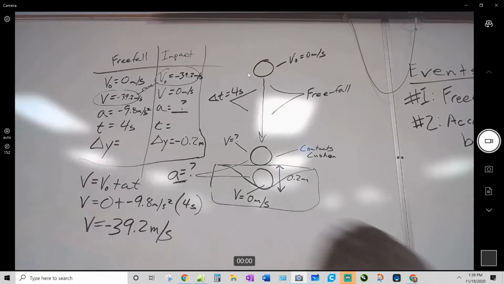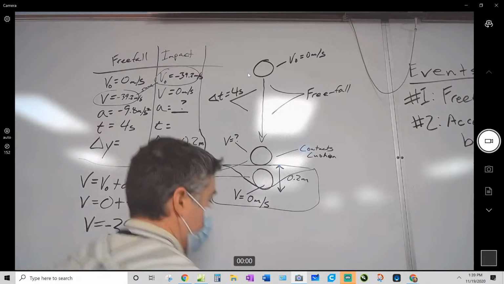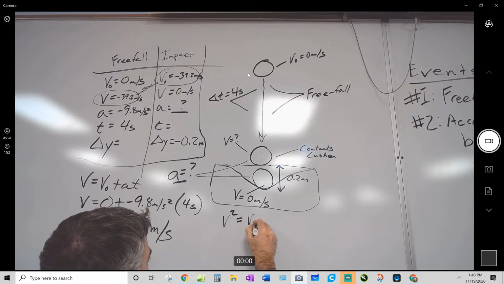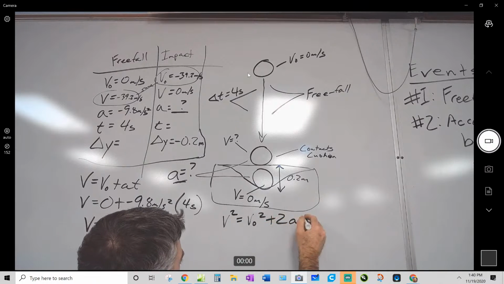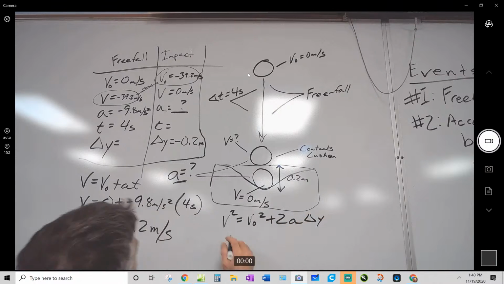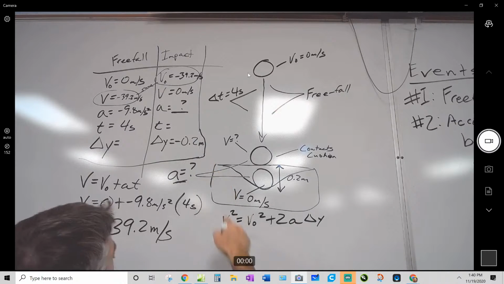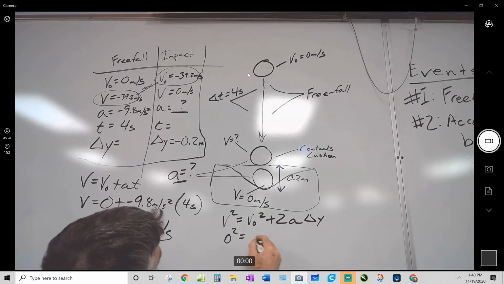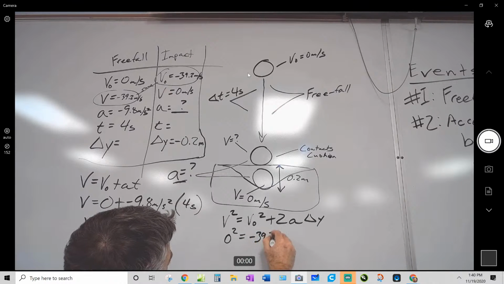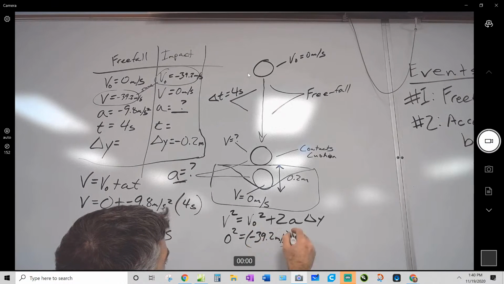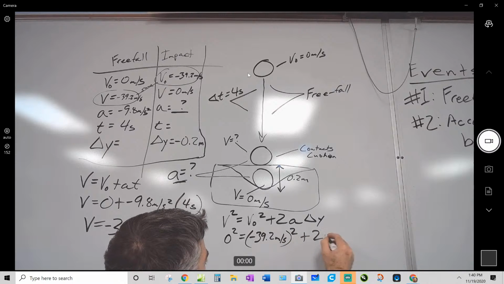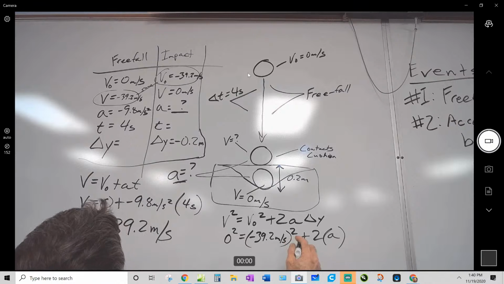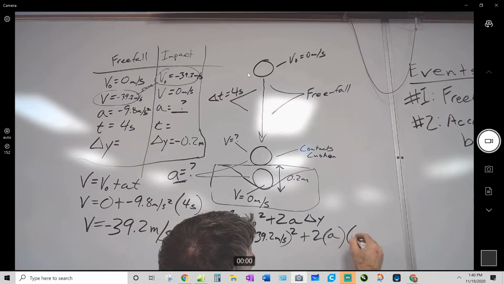So I'll use this space right here to wrap this up. The v squared equals v0 squared plus 2a delta y in this case. So v squared, v is 0, so that's 0 squared. v0 is negative 39.2. Square that, plus 2 times the acceleration, which I don't know, and then delta y is negative 0.2.